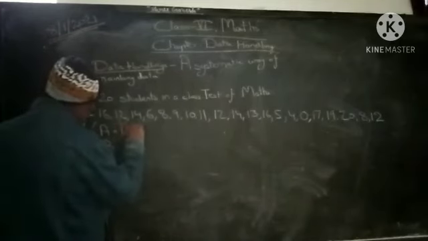Now, coming from data, you need to make a tally. In a tally, what happens? For 16 to 20, there are 5 students.